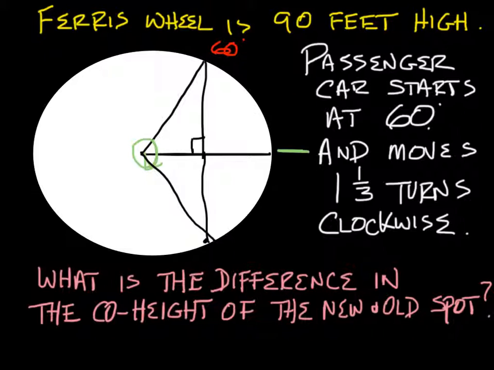And 60 degrees, that would give me a 60-degree reference angle for that one as well. The co-height is this distance from here to here, that x value. We know that the radius is going to be half of the diameter, which is 90, so half of 90 is 45 feet. The x is in the adjacent spot for that top triangle.